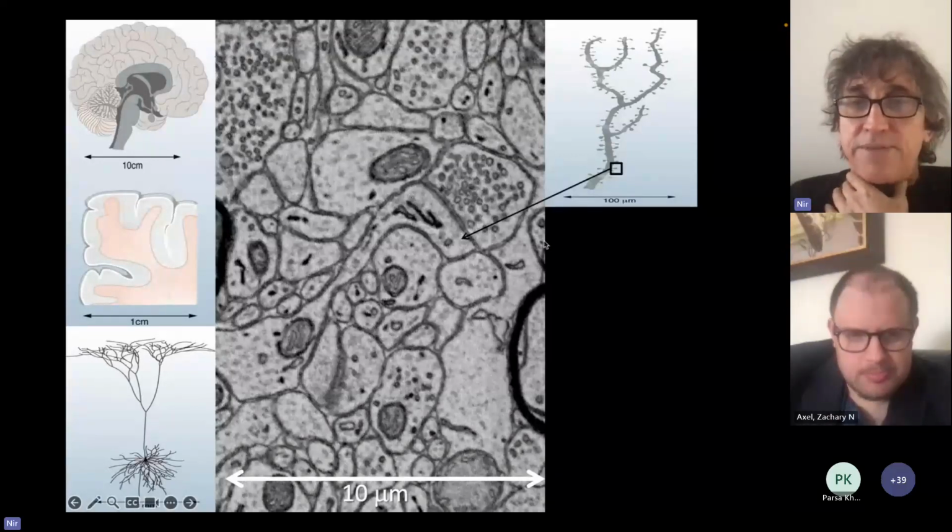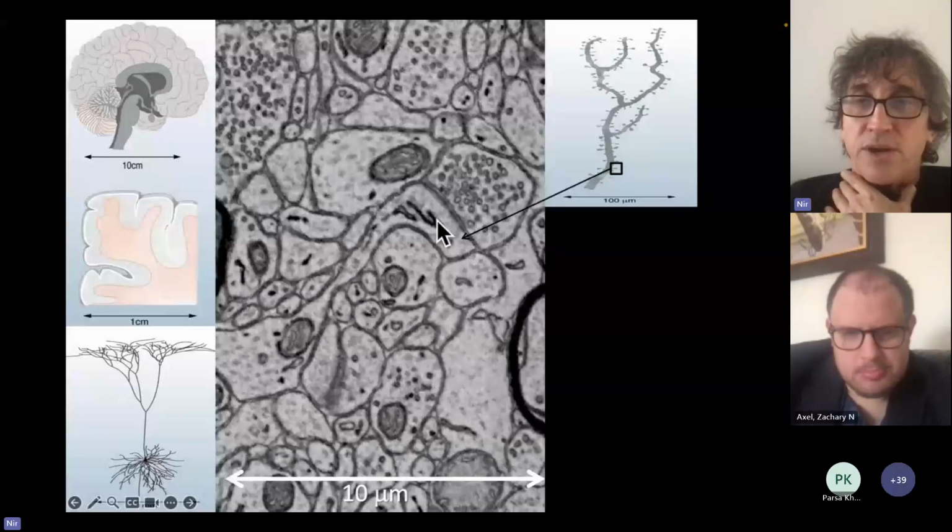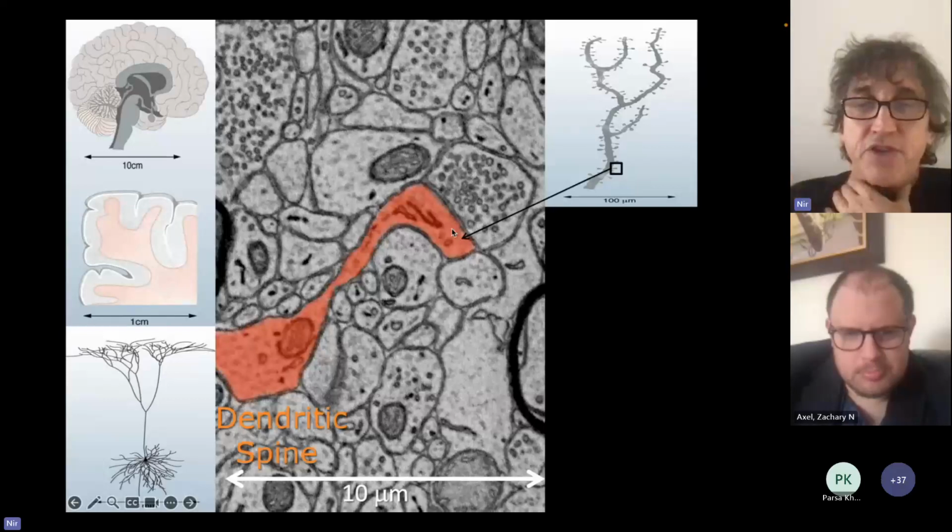But anyway, I'm 10x smaller, and what you see here is a view of one of these little arbors. This is an image from an electron microscope. At this level, we can only look at things with an electron microscope.